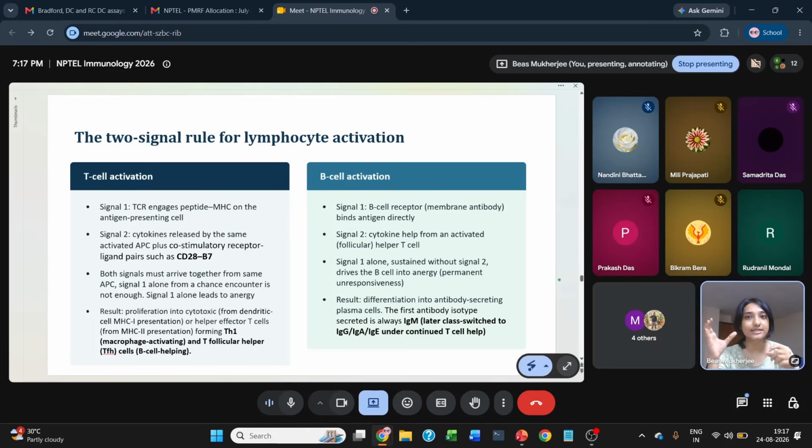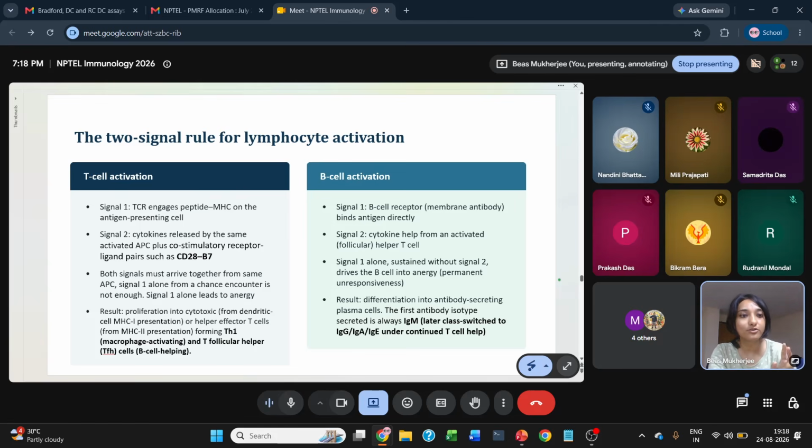The TCR has to recognize this peptide and MHC complex plus the co-stimulatory receptor has to recognize this MHC molecule plus all this cytokine has to be released. If there is only one signal, then what happens? The cell is going into anergy. That we will talk about in the upcoming slides. Don't worry. Let's see what happens when there is only one signal.